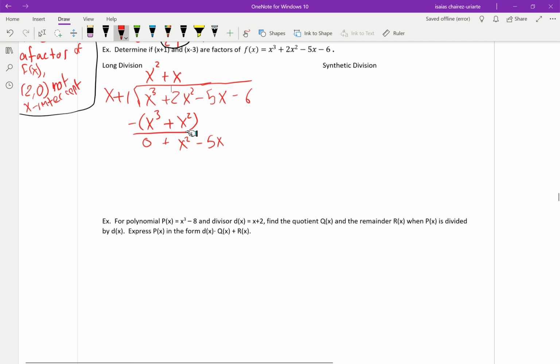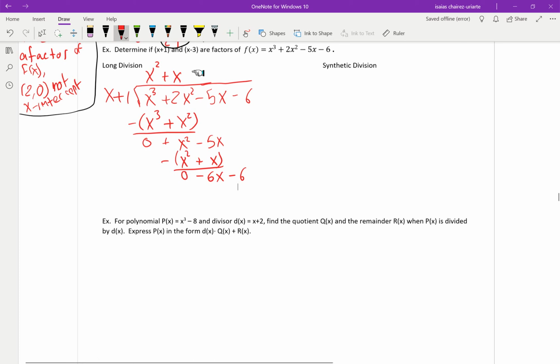So x times x is x squared, x times 1 is plus x. And we say minus, so that's 0. And negative 5x minus x, that's negative 6x. Bring down my negative 6.